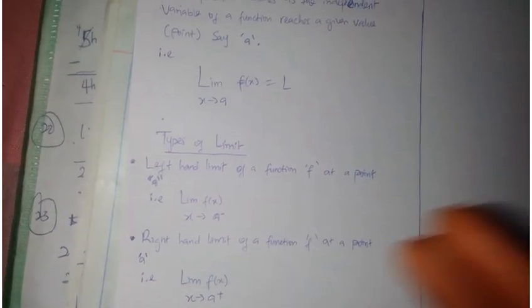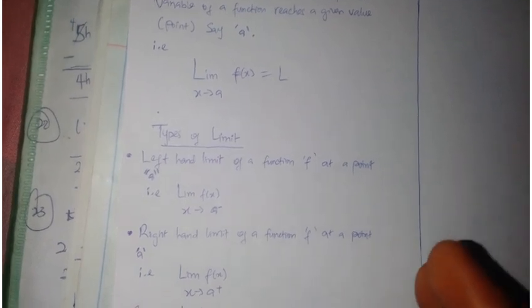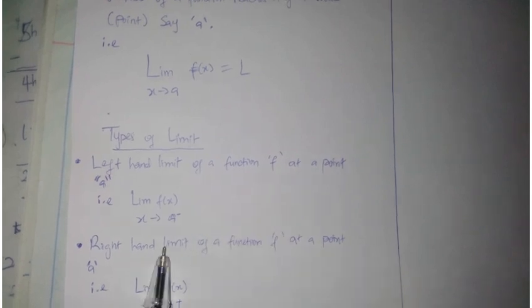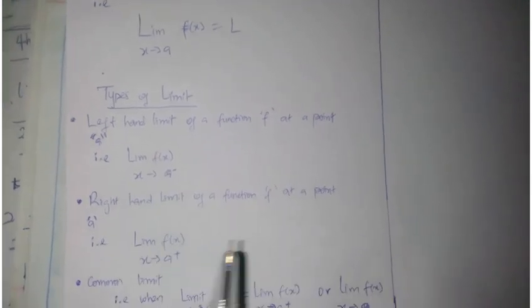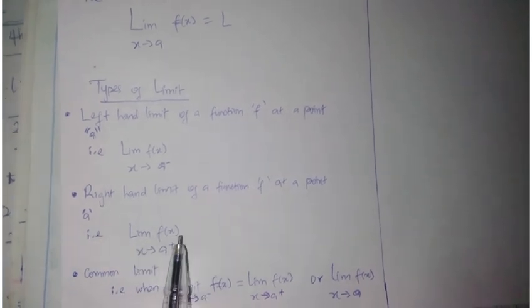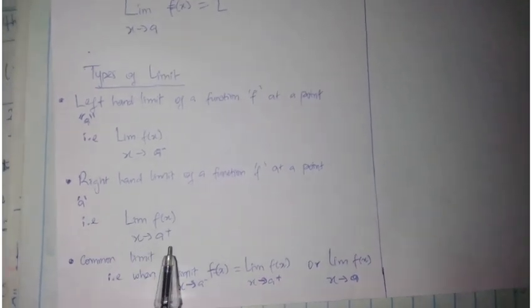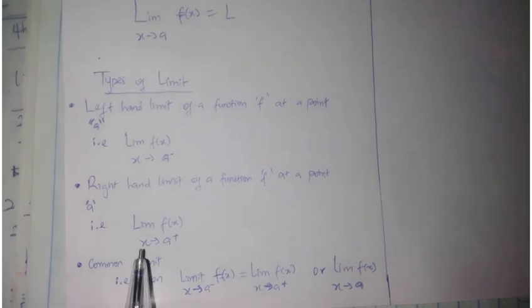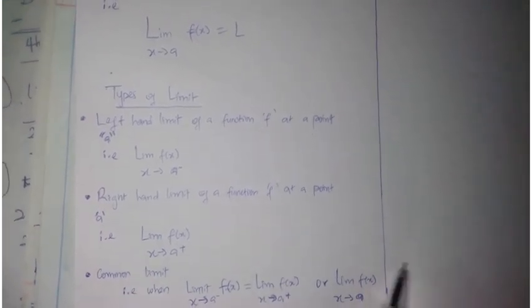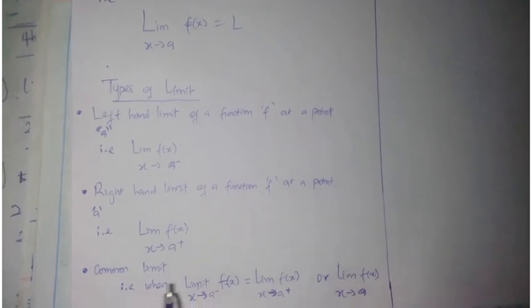So those approaching the negative values of my x on my number line is called the left hand limit of a function, if expressed as this. Then the right hand limit is the limit of a function f of x as x tends to positive a, in which case the values of x are moving to the right side, or tending to the positive side of my x on the number line.